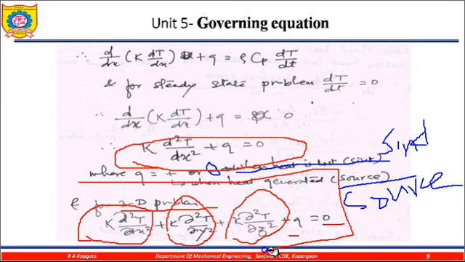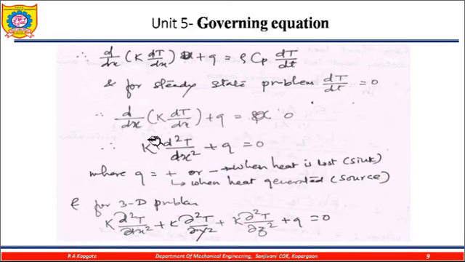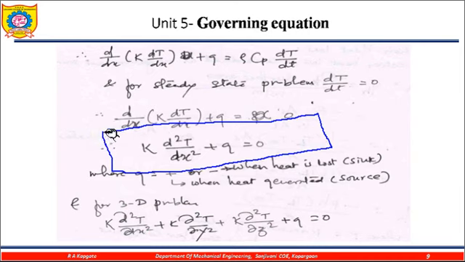So this is the 3D problem, while this is my 1D problem. So this is my differential equation for heat transfer for 1D, steady state problem. Keep in mind, just remember this, because this formula plays a very important role in the next lecture.